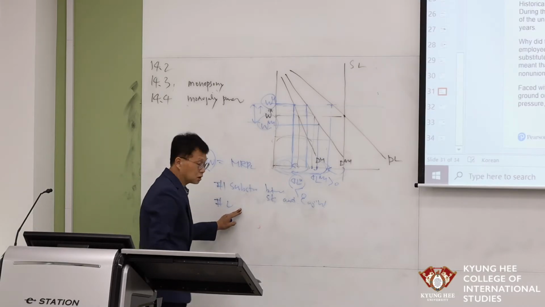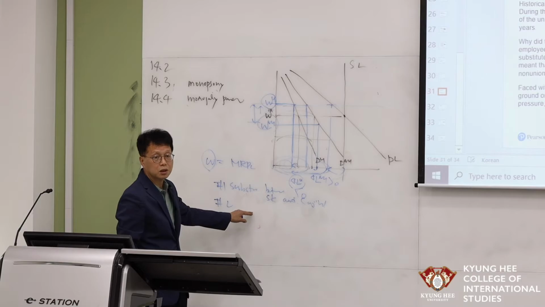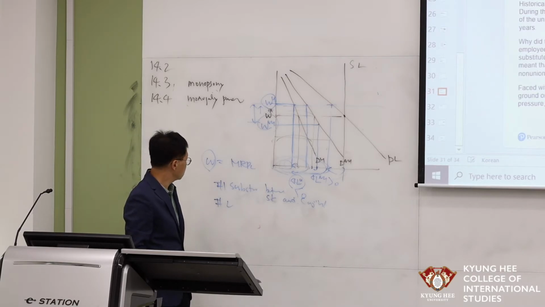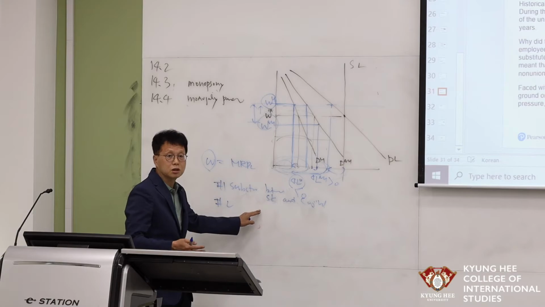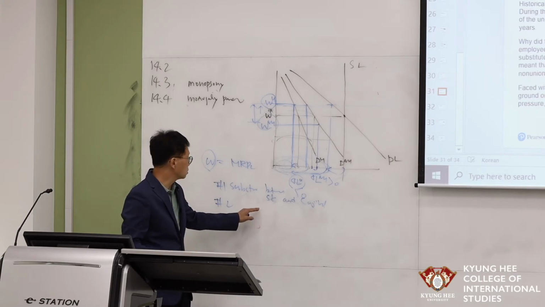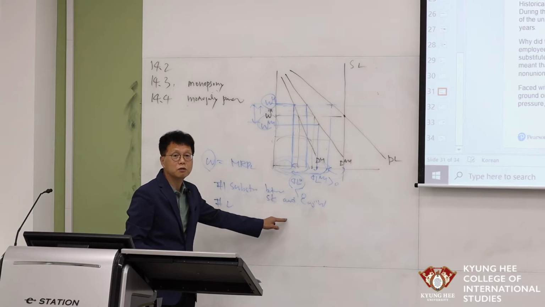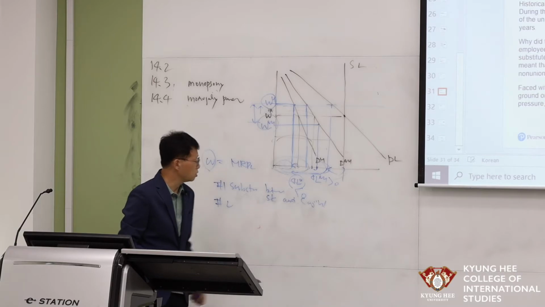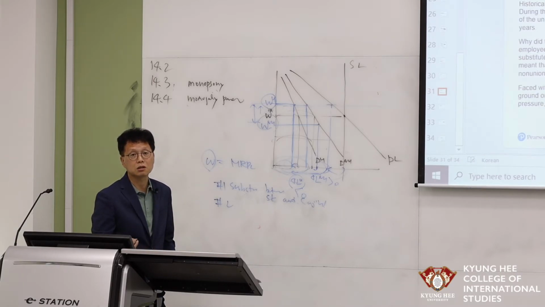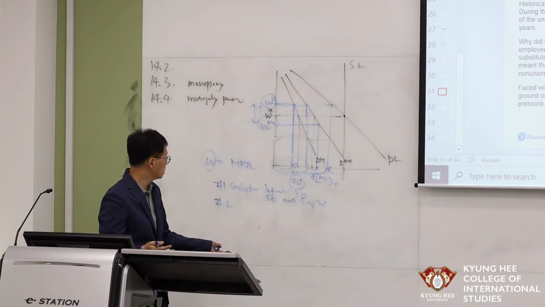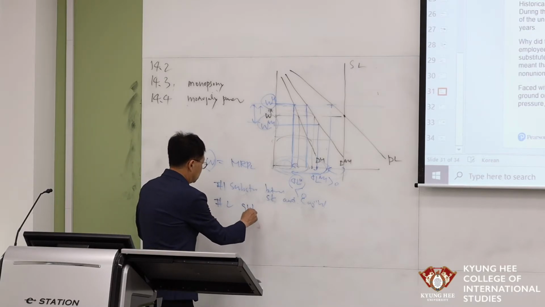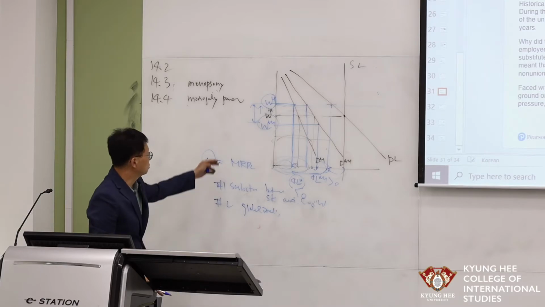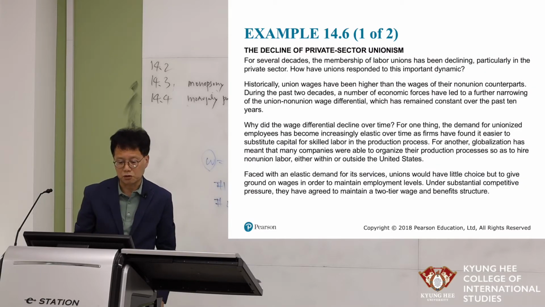Because of globalization, now United States or European companies have the option to hire non-unionized workers in foreign countries rather than hiring domestic unionized workers. Okay, that is possible. So because of this, the higher wages of labor unions show a decreasing trend.